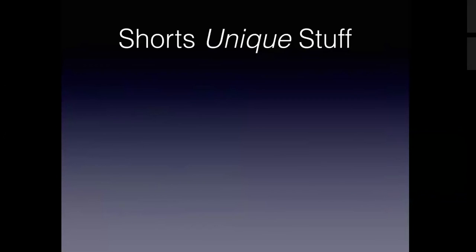Now, with all that said, Shorts has some pretty interesting stuff in it. The first thing that we did is we had to come up with a measurement system, and we decided on using points. Now, we used points because with all the different resolutions and the different platforms we're going to be using, we couldn't rely on the standard pixel. So we decided to use points.